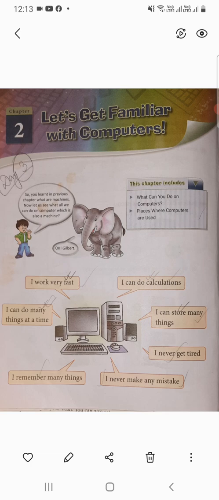And the next thing, I can store many things. As a computer has a huge memory, it can store lots of data or information. It has a very big storage capacity, so it can store many things.